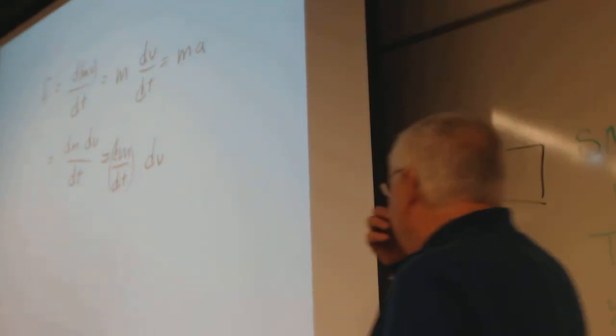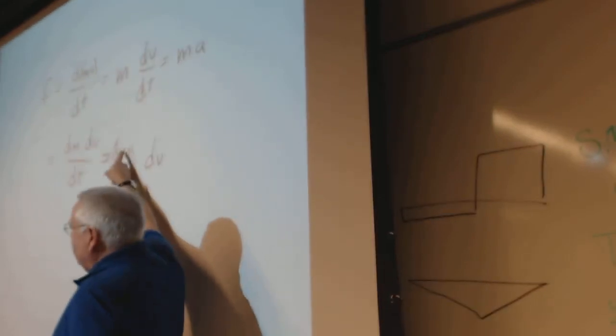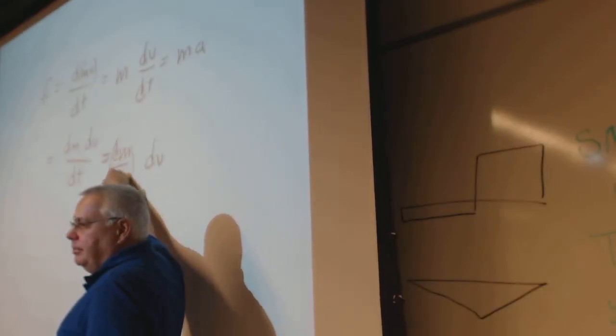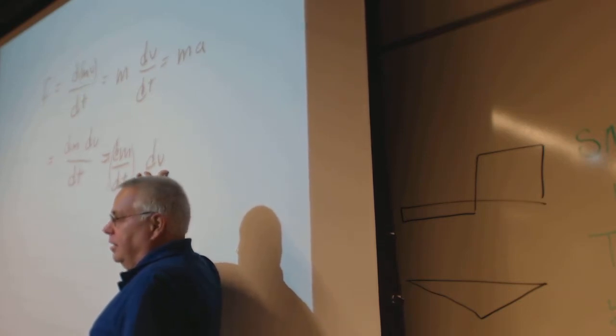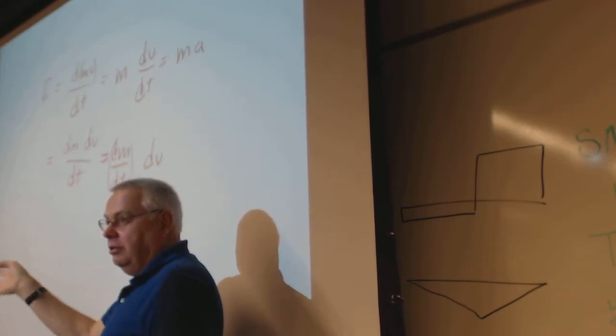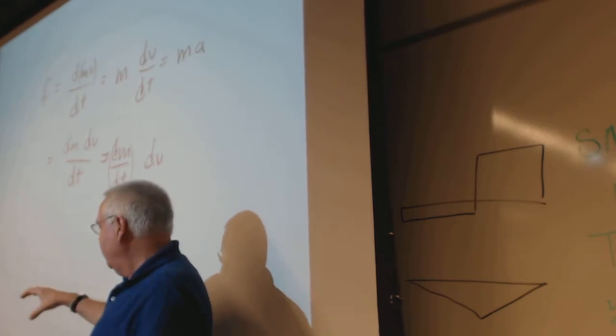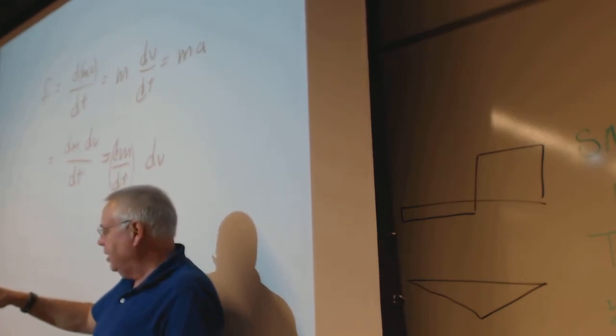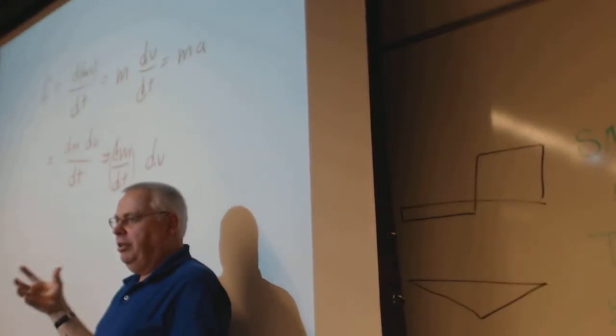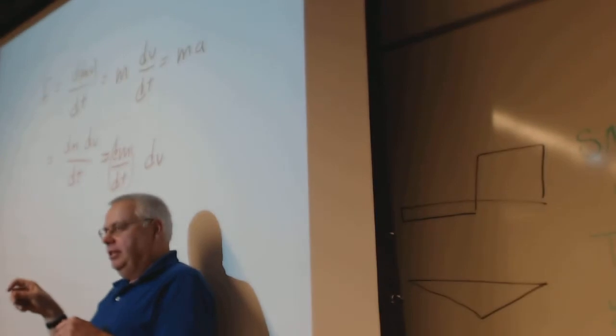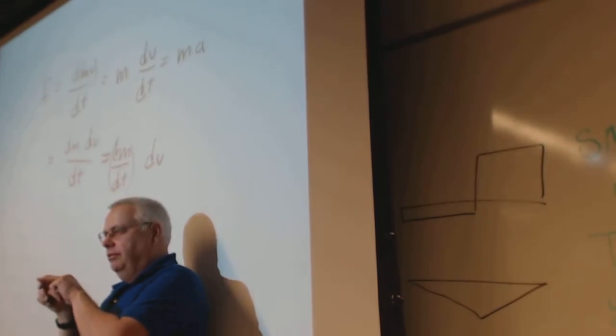And in fluids, we use that a bunch: dm/dt, a mass flow rate, kilograms per second, times the change in velocity. That's what makes your garden hose whip around. If you put a nozzle on the end of your garden hose, it comes up through a hose that's 1.5 inches in diameter, and suddenly it goes through a 1/4 inch diameter, and all that pressure, that potential energy, turns into velocity.